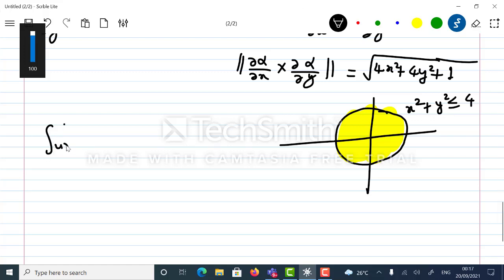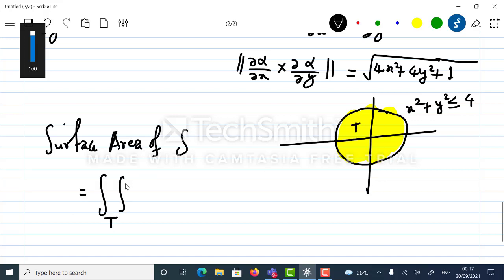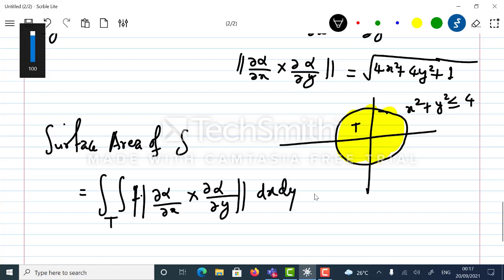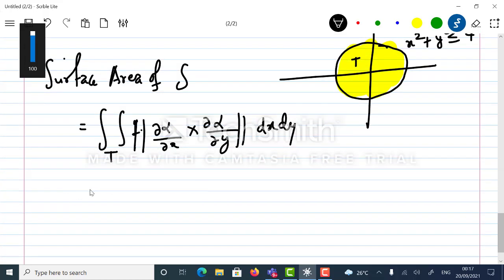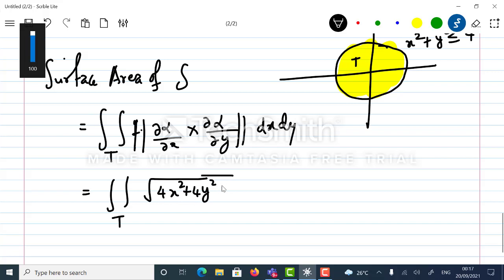So surface area of S is equal to the double integral over T of 1 times the norm of dou alpha by dou x cross dou alpha by dou y, dx dy. The order doesn't matter here. So it is the double integral over T of under root of 4x square plus 4y square plus 1 dx dy.